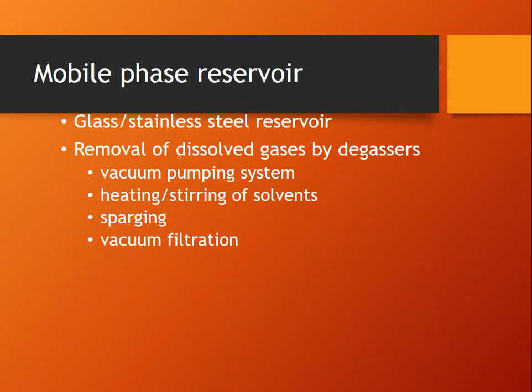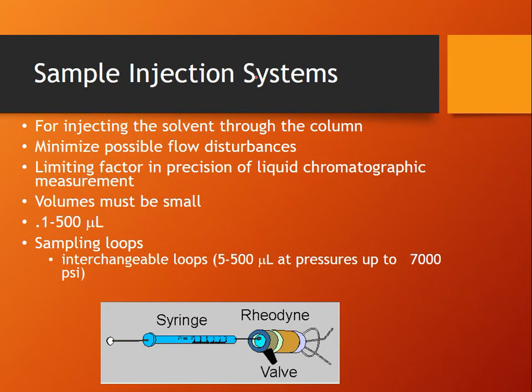The mobile phase reservoir is a glass or stainless steel reservoir, with removal of dissolved gas by a degasser and vacuum pumping system, heating, stirring of solvents, and sparging, and vacuum filtration is done. Sample injection systems inject the solvent through the column and minimize possible flow disturbances, which are limiting factors in the precision of liquid chromatographic measurement.